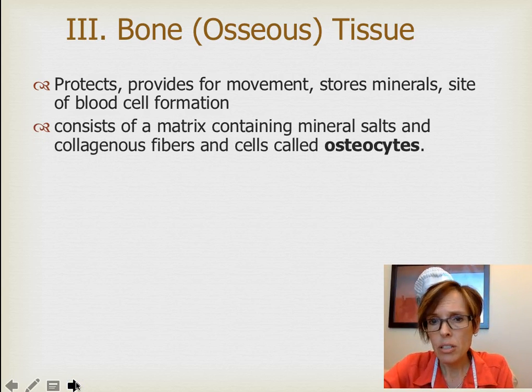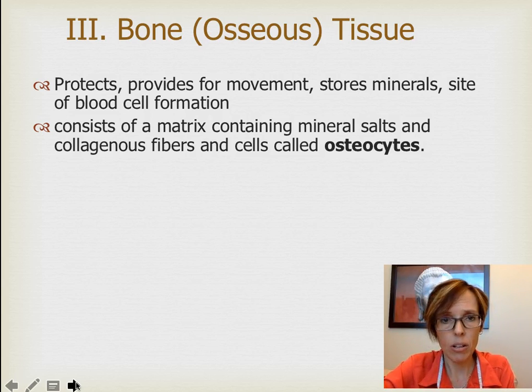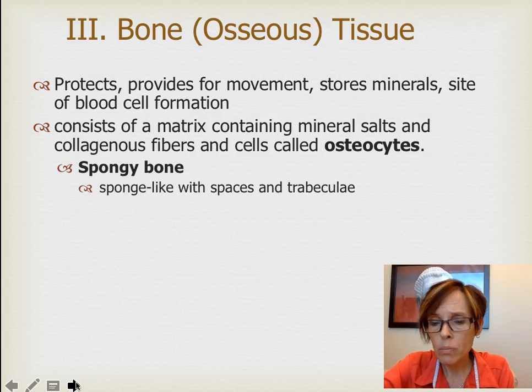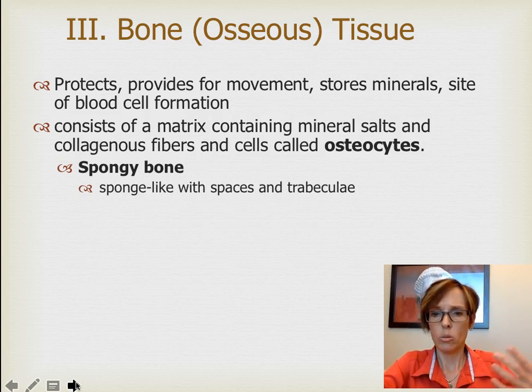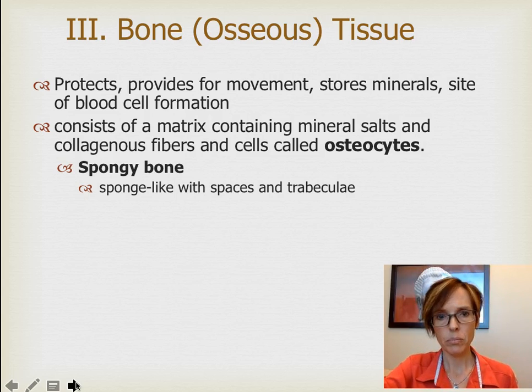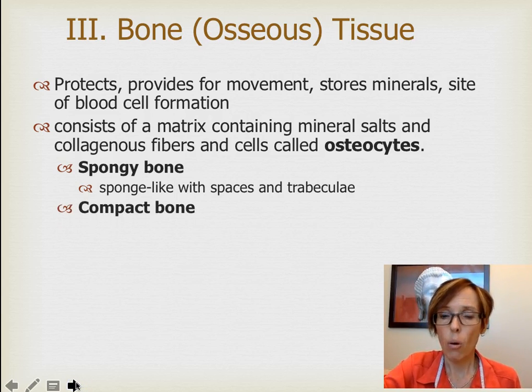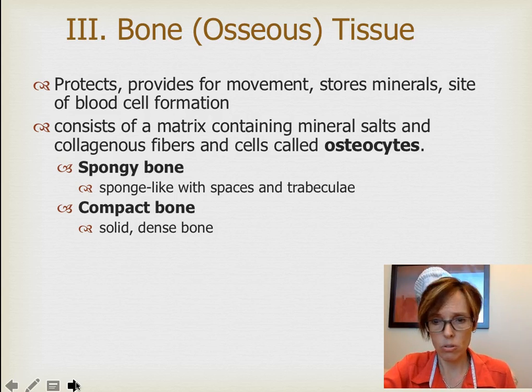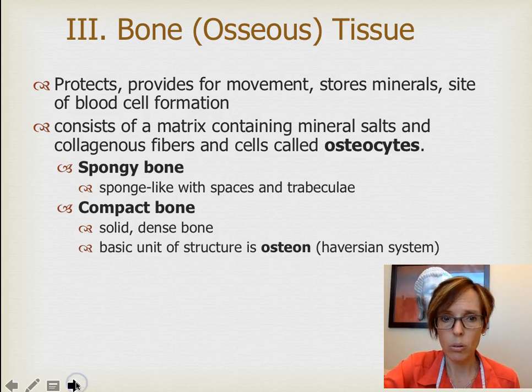Again, instead of the chondrocytes that we saw in cartilage, we now have osteocytes. Osteo refers to bone. We can have either spongy bone, which looks like a sponge, hence the name, or compact bone, which is just solid, dense bone.